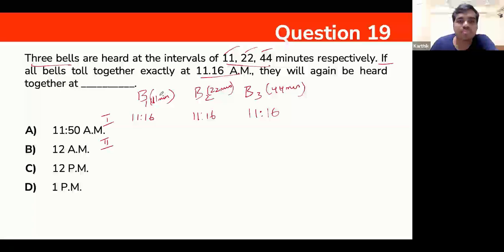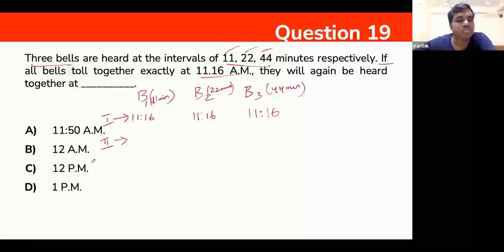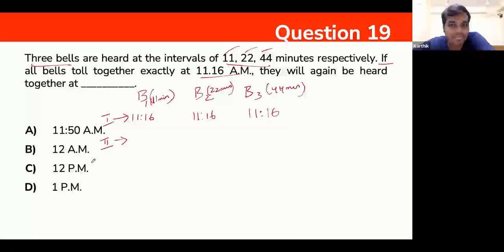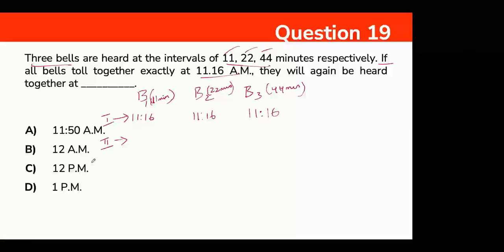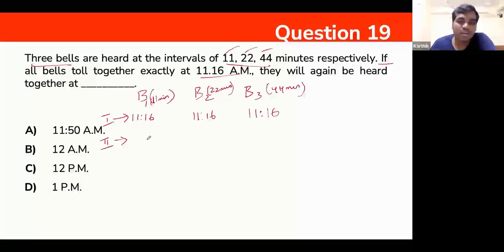Can anyone tell me? My question is, first time it is ringing at 11:16. Second time again it will ring at what time? And the question says it rings every 11 minutes. 11:27. Good.